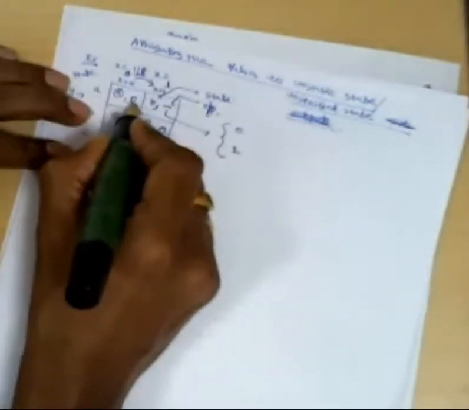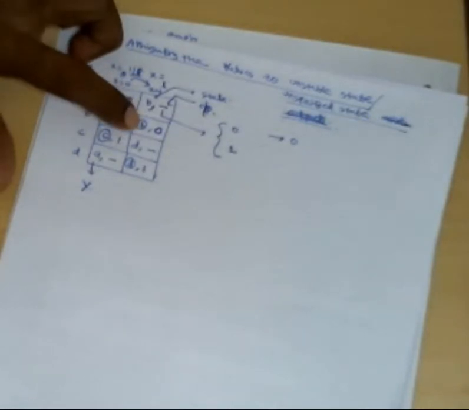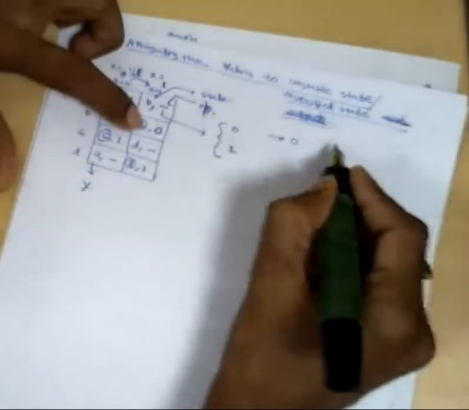But if you assign 0, what happens? When the circuit is in the stable state, the output was 0. Then when the input is changed, the circuit state will go to B, then it will reach the stable state B. That time also the output will be 0.